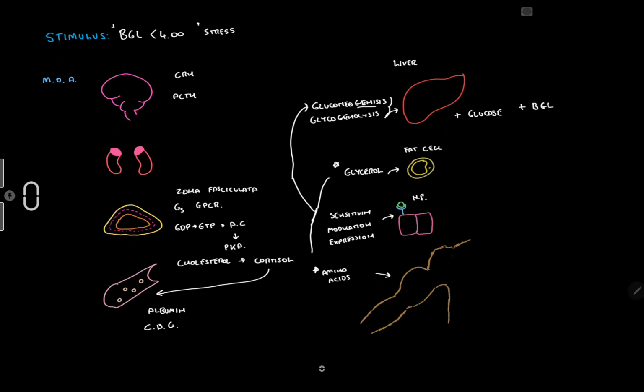Cool. So with this reaction on these 4 organs here, we've increased our BGL, which was the stimulus in the first place because we had decreased BGL. We were hypoglycemic. So now we've increased our BGL with the help of cortisol. And we've also increased the sensitivity tissue has to transmitters such as norepinephrine.